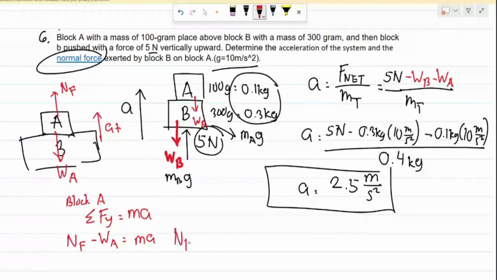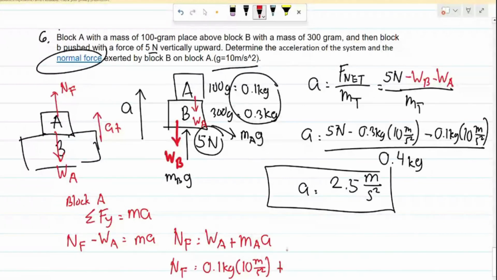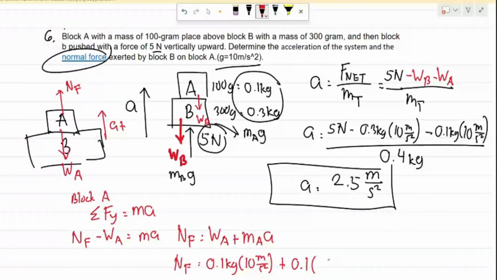Therefore, guys, the normal force is simply what? Our W sub A plus M sub A times the acceleration. So the normal force is simply, what is the weight of A? That is 0.1 kilograms times 10 meters per second squared, plus the mass of A, of course the 0.1 kilograms, multiplied by our acceleration of 2.5 meters per second squared.